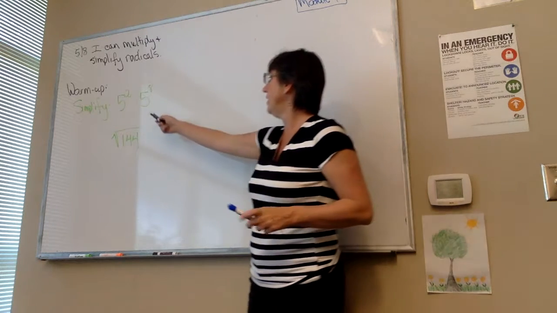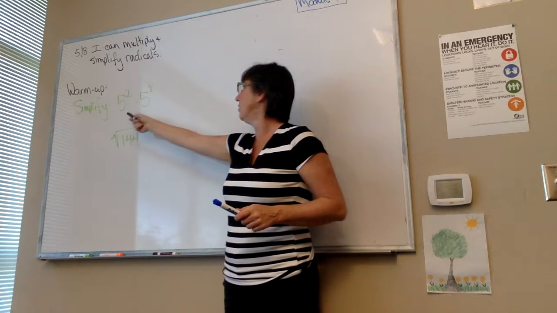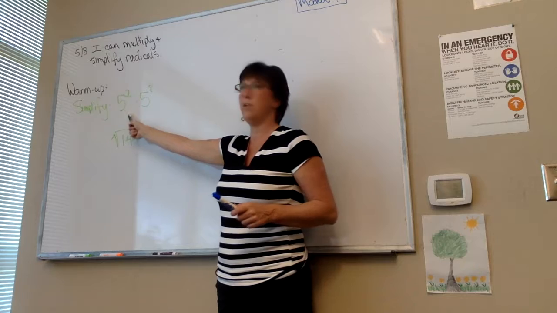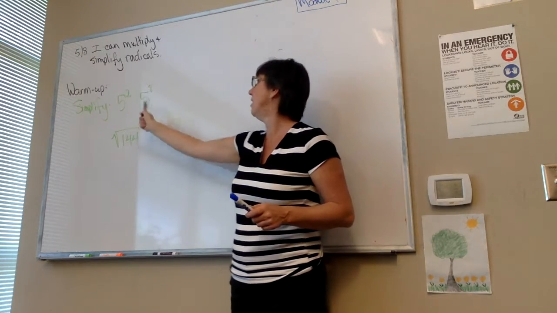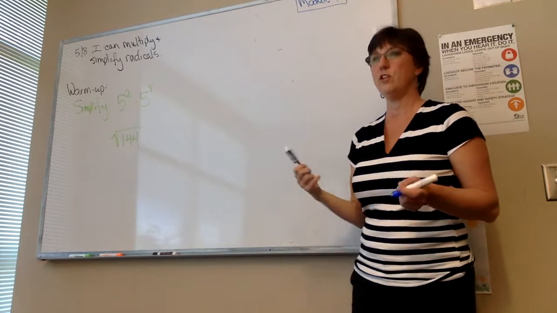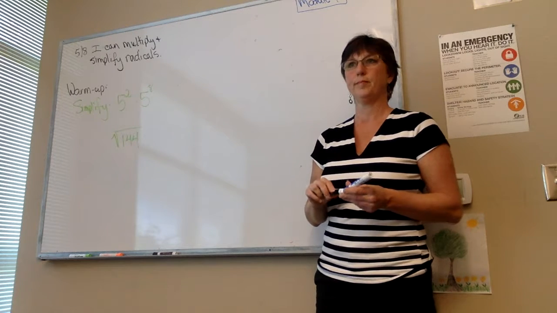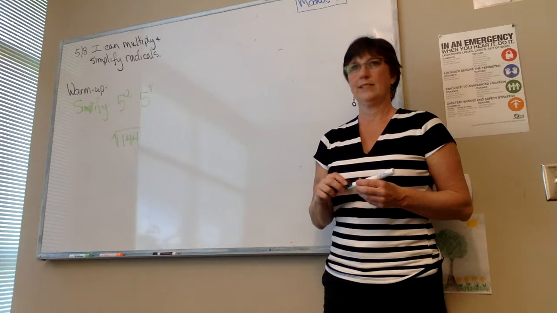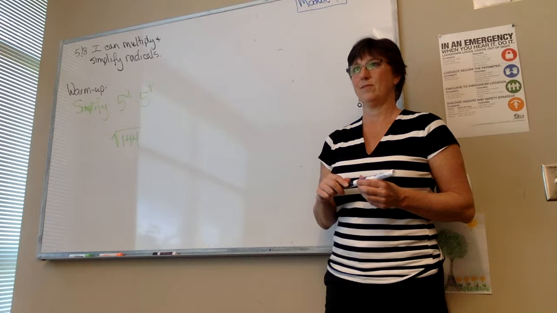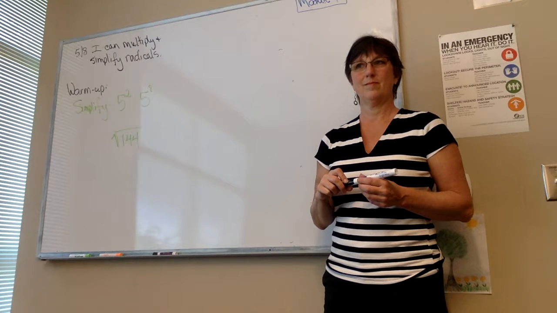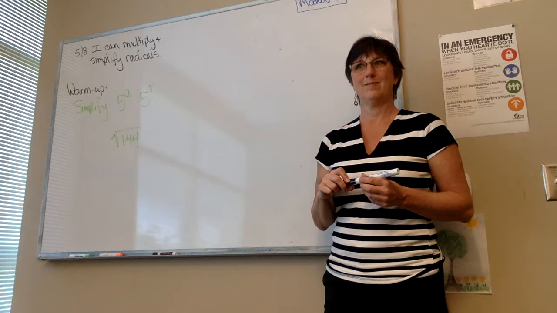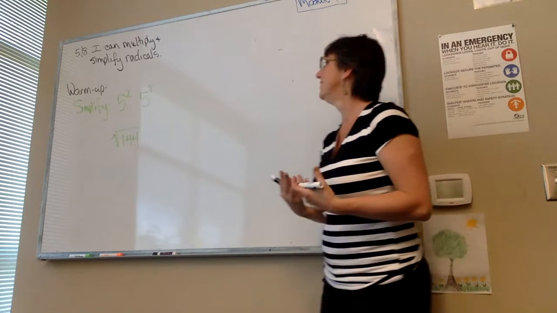So when we are looking at this first problem here, what do you notice about 5 squared times 5 to the 8th? What do you notice about that particular problem? You've got to notice something.